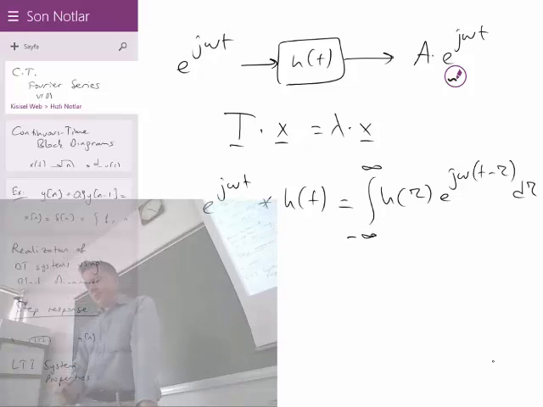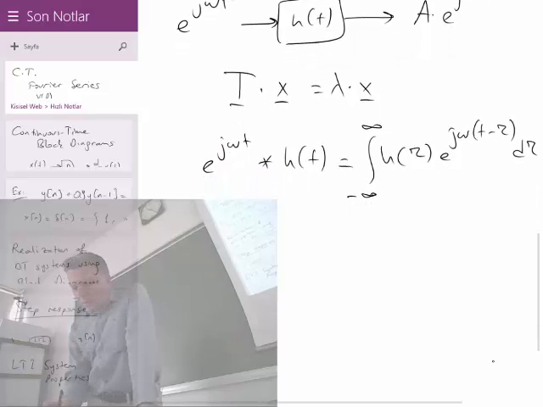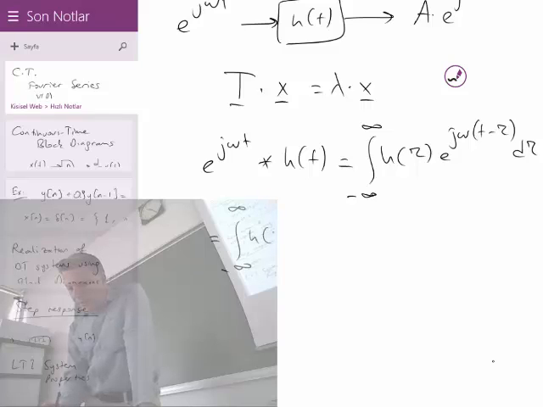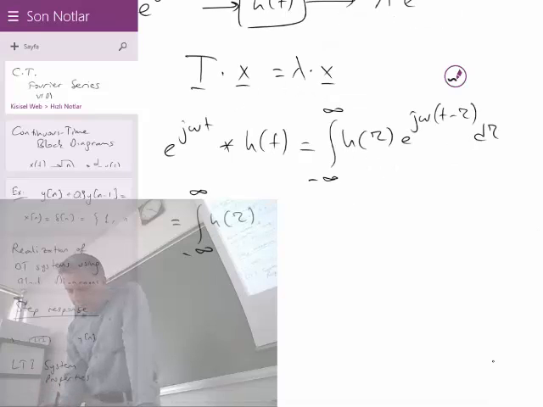This is the convolution. And then from minus infinity to infinity, h of tau, e to the j omega t times e to the minus j omega tau, d tau.